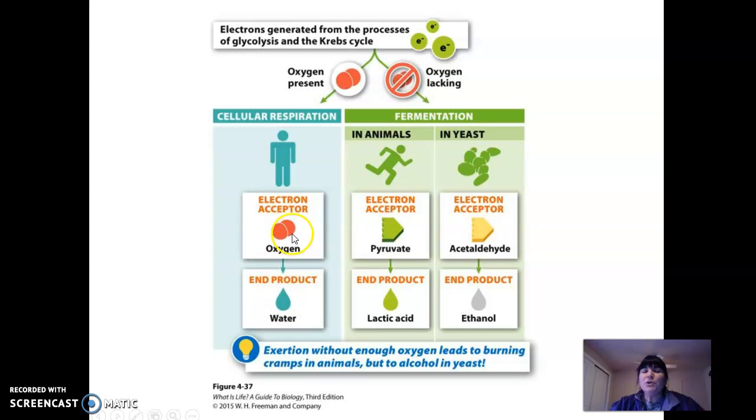But what if we push even harder, okay? Then we just do glycolysis, and the pyruvate can become lactic acid, and that's what causes that burn, okay? And yeast do this, and they release ethanol, and that makes alcohol. So with yeast, if you give them barley, they're going to make beer.